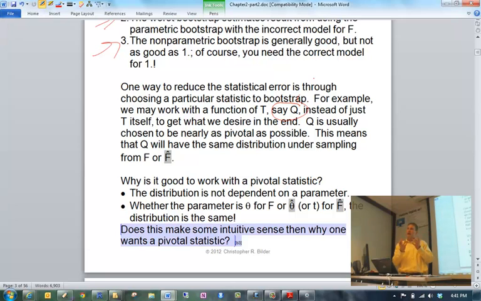Choose a statistic Q that is pivotal, or approximately pivotal. We saw the benefits of doing that when we looked at the parametric bootstrap confidence interval. We saw how we got the exact confidence interval from using the parametric bootstrap, and it ended up being because we were using this pivotal statistic.